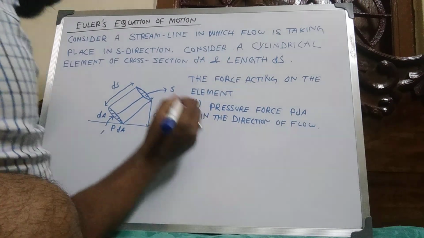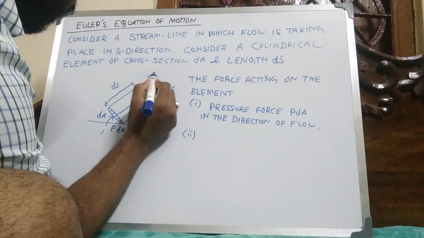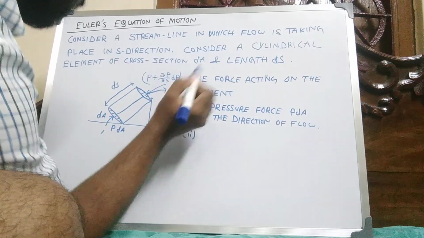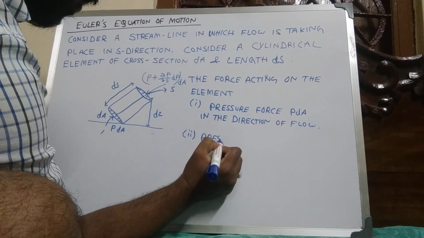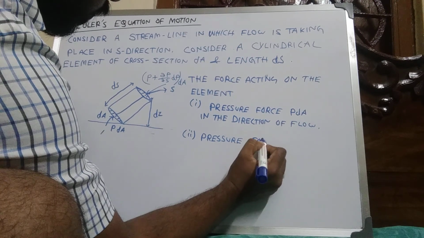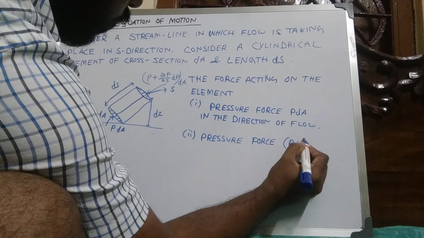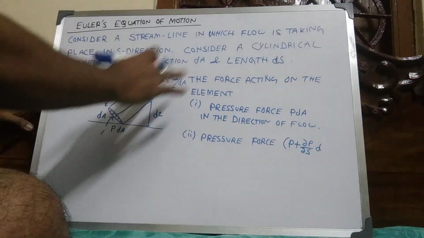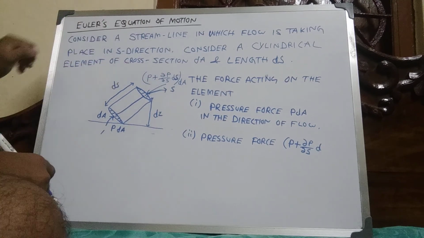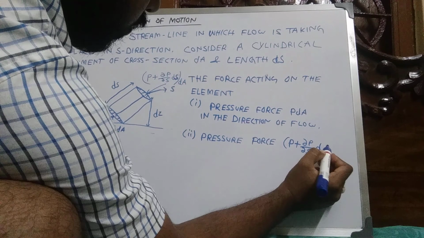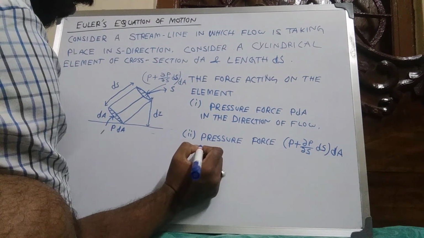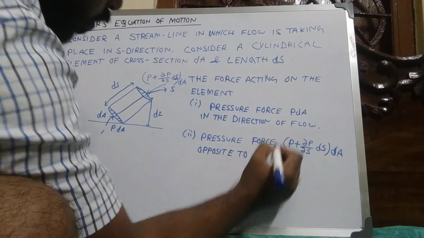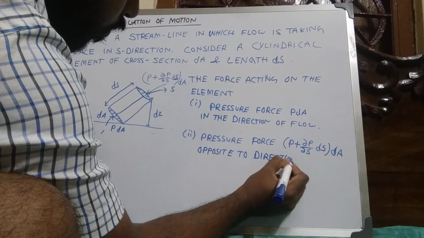Number 2, the pressure force P plus dP/ds times ds, into dA, from the Taylor series, opposite to the direction of flow.